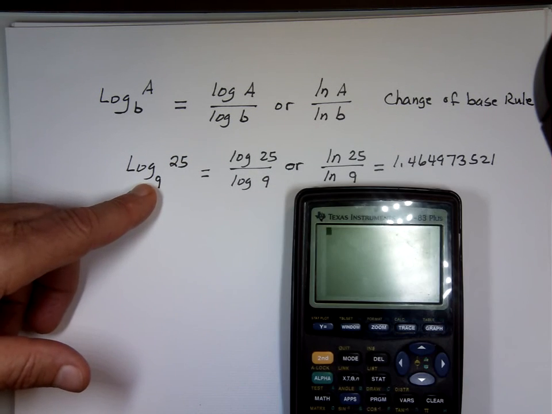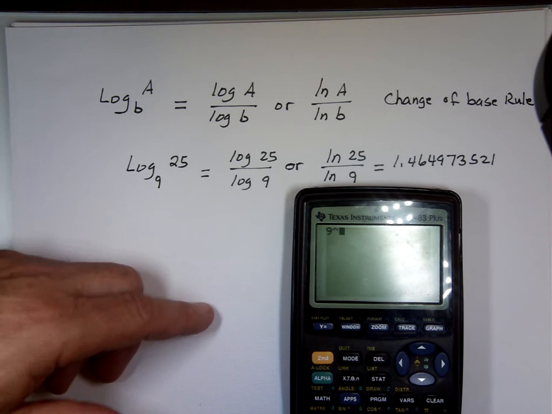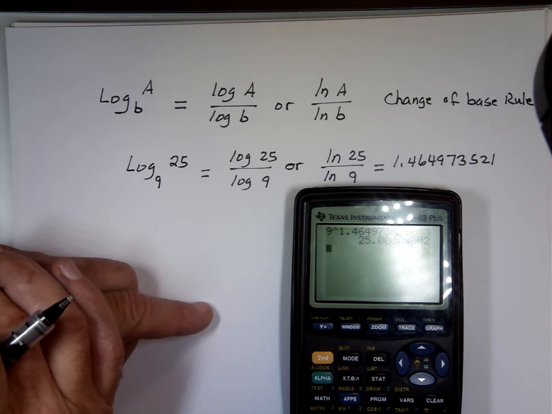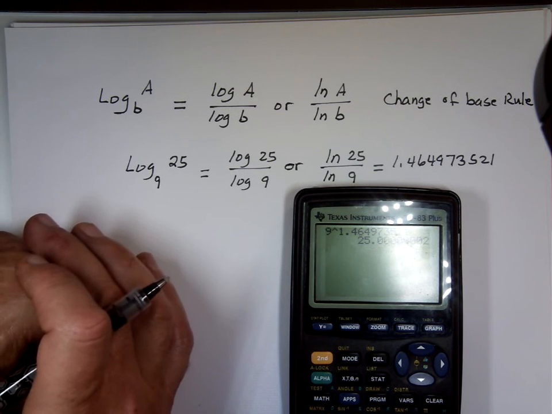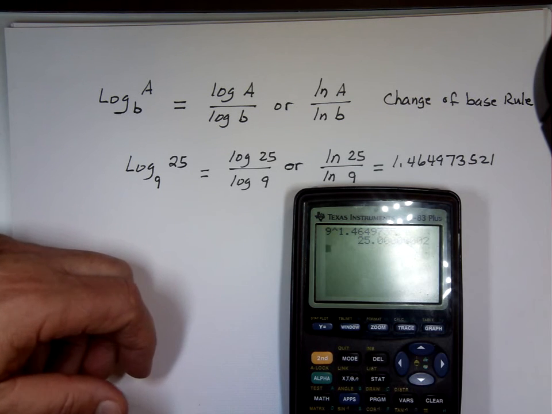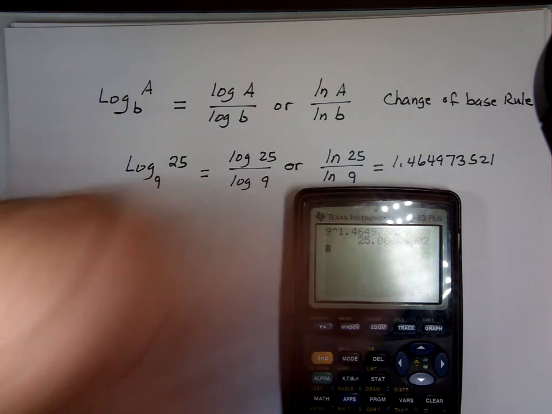What is 9 to the power 1.464973521? Is that 25? 25.00000000002. Because the machine stops after a while and rounds, you know, it doesn't keep going. Probably that goes on for another million digits.